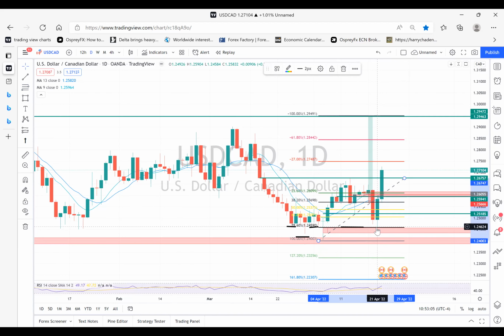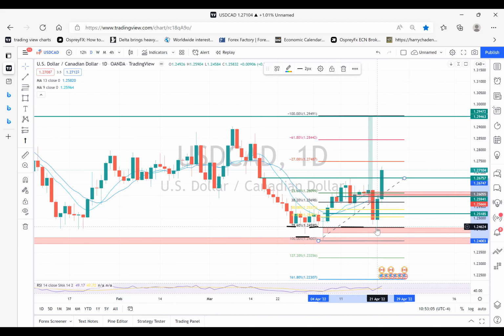78.6 on the fib. It lines up with the order block, the same order block that I took originally. And now I was able to basically double the pip count.